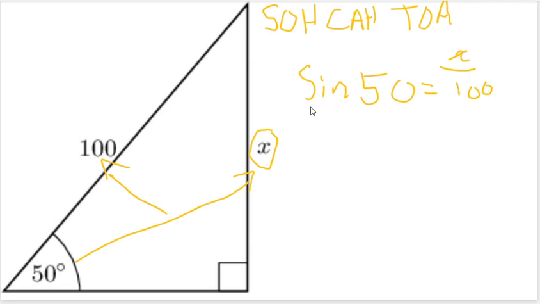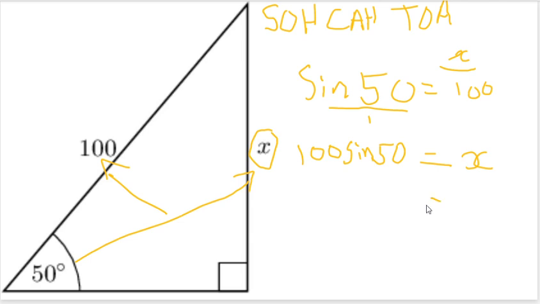Remember sine 50 is all over 1, so cross multiplication gives us x equals 100 sine 50.